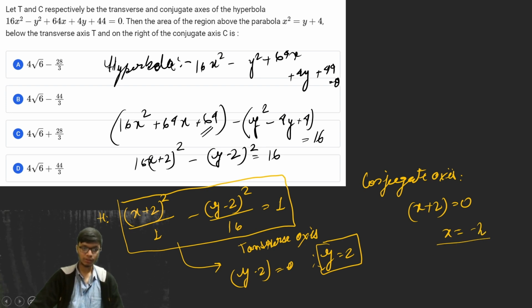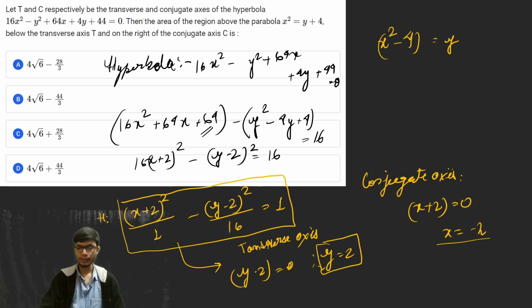Now what is the given equation of the parabola? Since the question is asking for the area of the region inside the parabola, bounded by the transverse axis and to the right of the conjugate axis, the parabola equation is x square minus 4 is equal to y. So let me first plot the parabola.